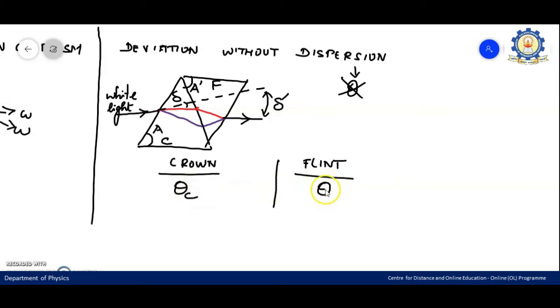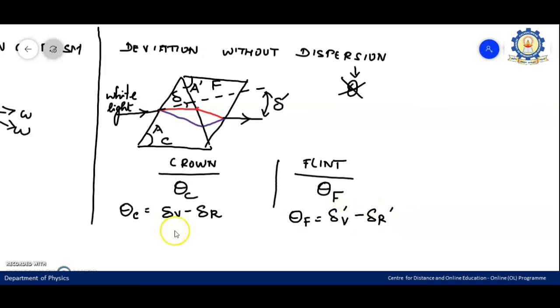Angular dispersion of the flint can be mentioned as theta f, and the condition for achromatic combination is that theta c plus theta f is equal to 0. Before writing that, let us write the angular dispersion expression. So theta c is equal to delta v minus delta r. This is the equation according to the definition, and theta f is equal to delta v prime minus delta r prime.